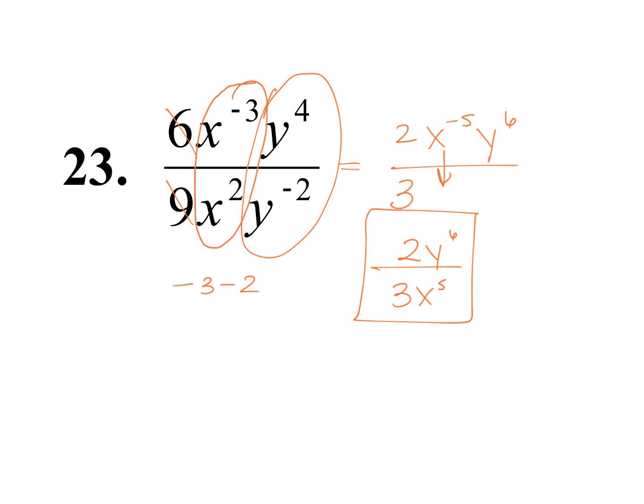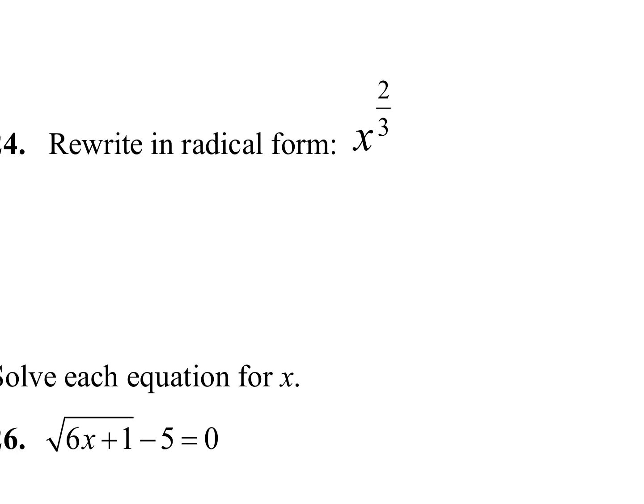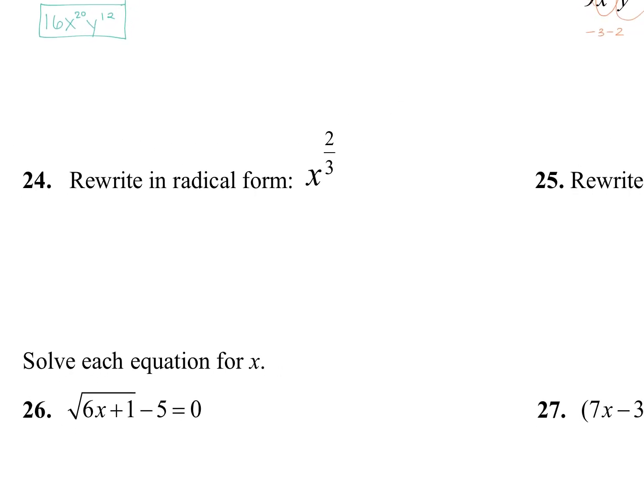Good there? Okay. 24, how would you rewrite this in radical form? Is it a square root or a cube root? Cube root. It's a cube root, right? The root is on bottom. I think the roots go down. So cube root of x squared, or the cube root of x squared.